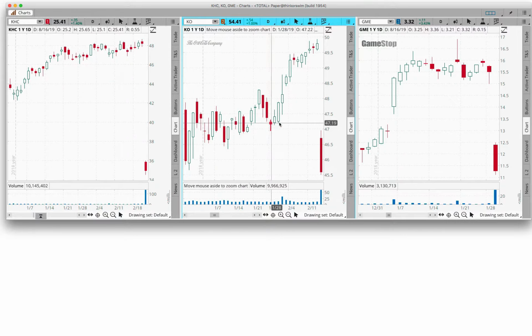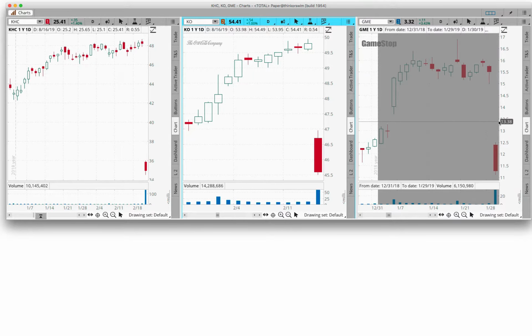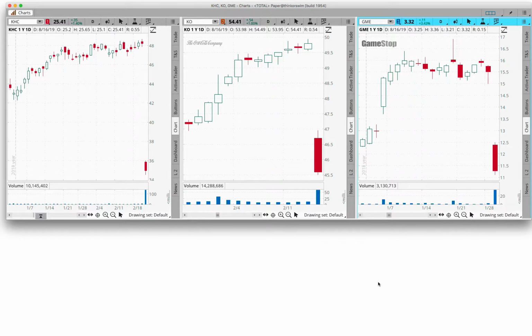We can make this look almost the same if we want to, right? Big long candle, big gap down. So why would I go bullish on this one and bearish on this one? Well, because of the news that came out here on GameStop, I believe that company might be in much, much greater trouble fundamentally than the Coke company.